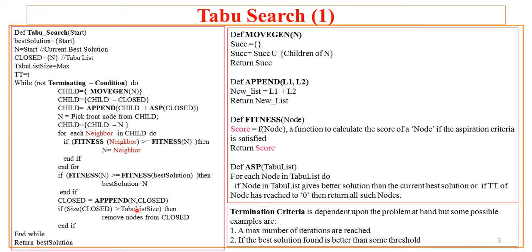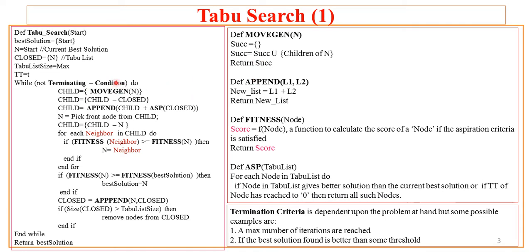If the size of closed is greater than the certain fixed tabu list size, which is max, or we may call it k even, then remove some nodes from the closed and keep max number of best nodes in the closed, and again the algorithm iterates. How long does it keep going? Till the terminating condition is met.